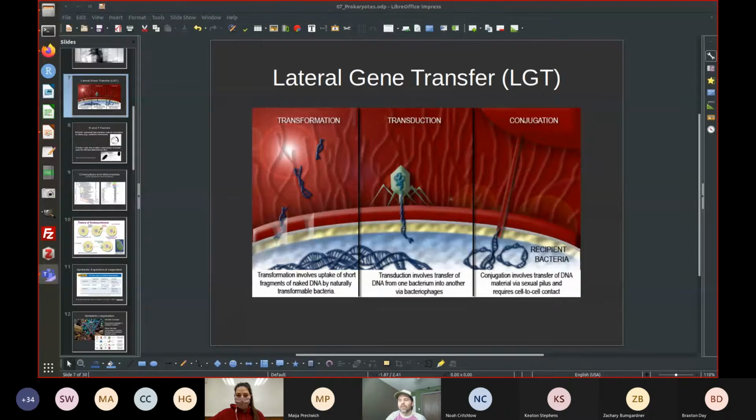What is a plasmid? A plasmid is a piece of DNA that isn't necessarily attached to the chromosome. You can almost think of it like a tiny little chromosome.